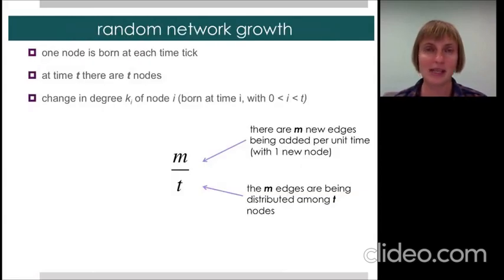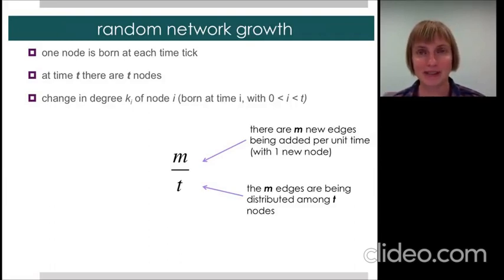What this means is that by time t, you have t nodes, 1 joined at each time step. It also means that at time t, when that new node comes in with m edges, each existing node is expected to increase its degree by m over t. That is, it's competing with t other nodes in the network for m edges.